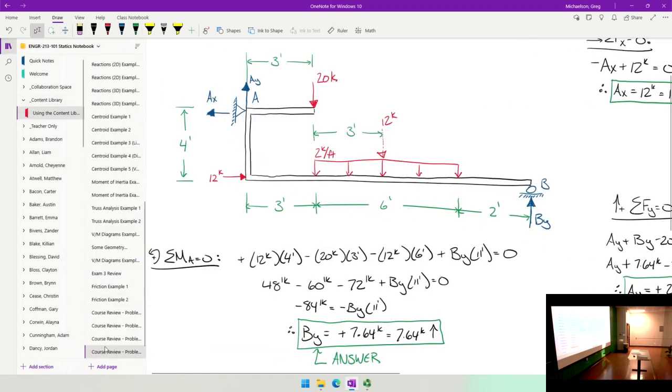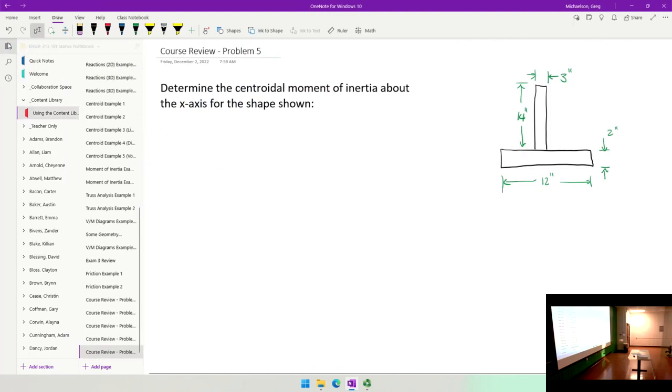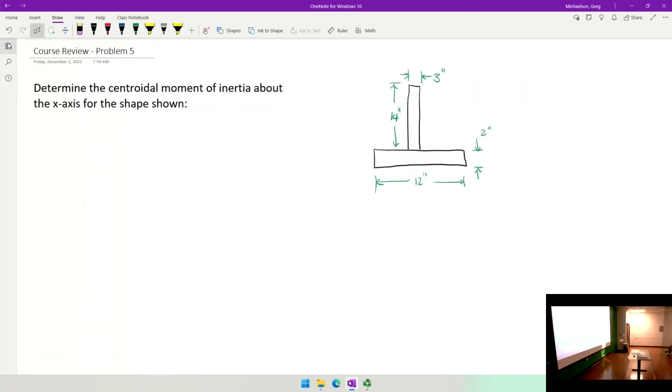I did have one more problem for you. I think it's a good review of centroids as well as moments of inertia. So what we're going to do is determine the centroidal moment of inertia about the x-axis for the shape shown, right? So imagine this is a T-beam that we're bending up and down, and so we're trying to find out how stiff it is, okay?